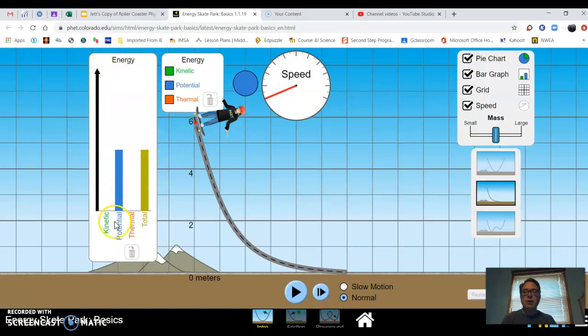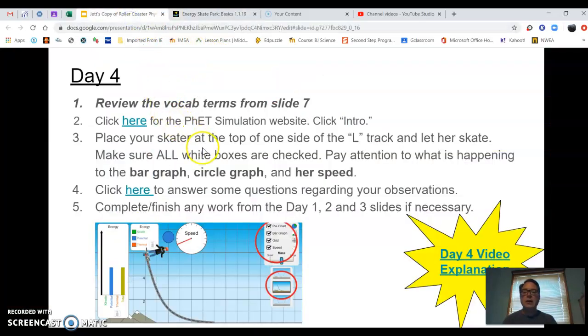Okay, so you can see where we're starting with a lot of potential energy. Potential energy is blue. Looking at the pie chart, it's all blue there, and her speed is at 0. She's holding this position. Let's go back to the slide presentation here and see what's next.